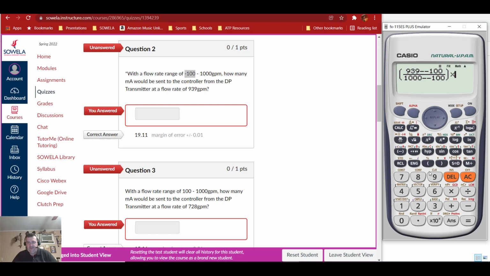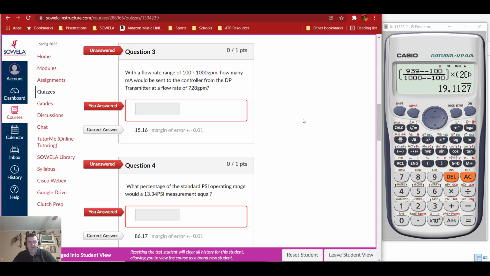Scroll over, close parentheses, times, open parentheses, 20 minus 4 plus 4. 19.11 milliamps.